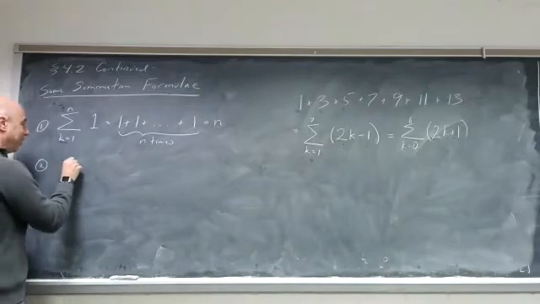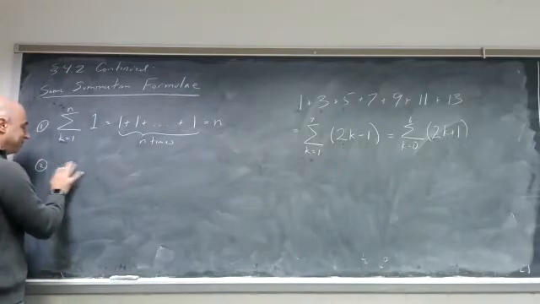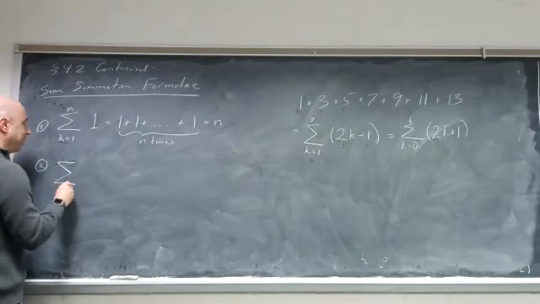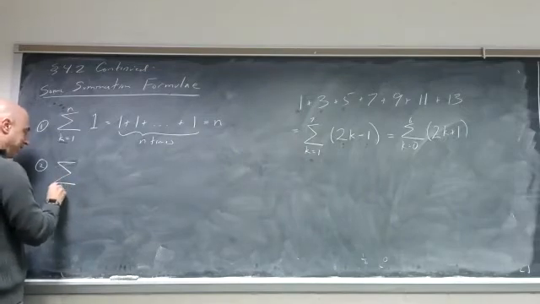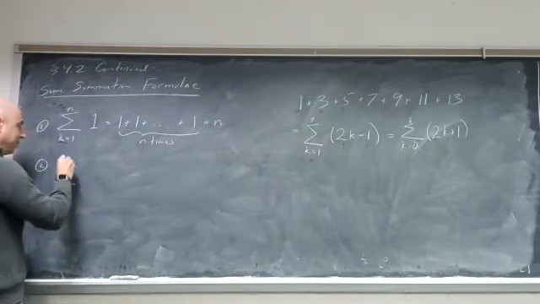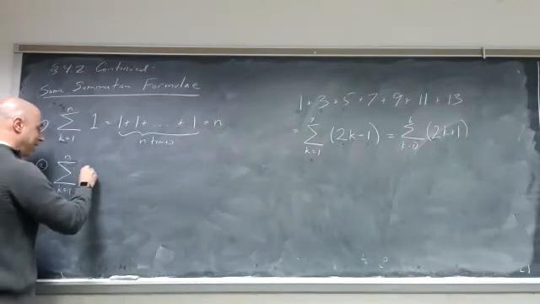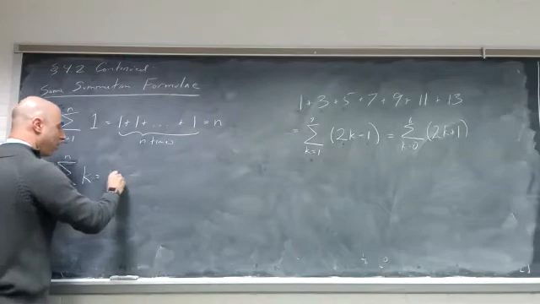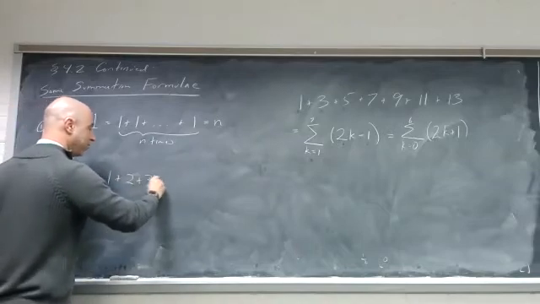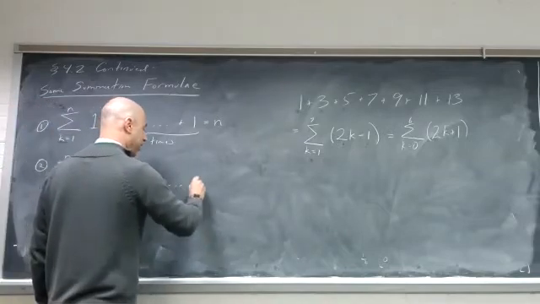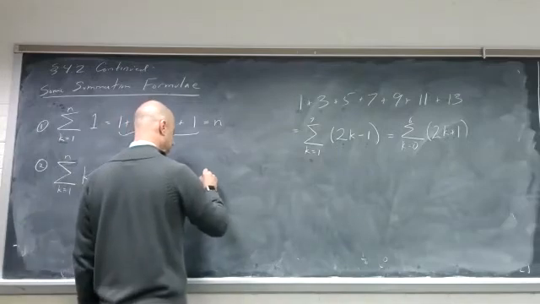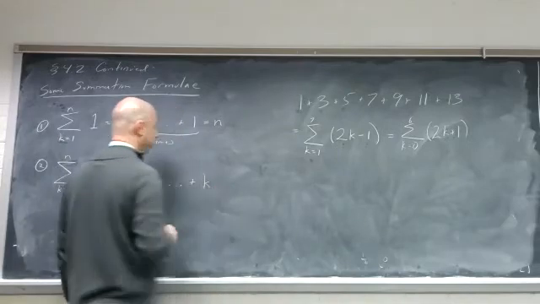Here's one that's a little bit harder. Let's say I go from 1 to n, and this time I add up k. So this is 1 plus 2 plus 3 plus all the way up to n.